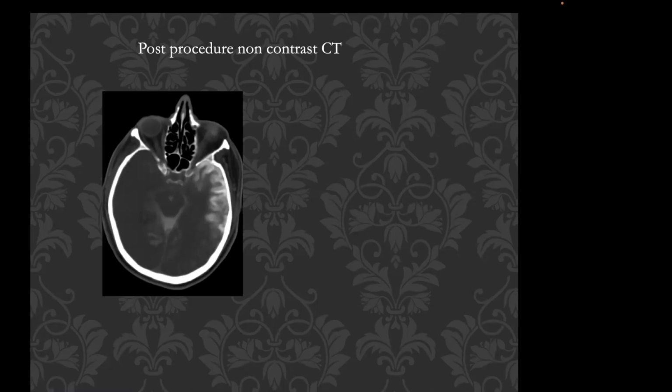And so contrast can actually leak into the cortex and the territory of the infarct. And this is not hemorrhage, this is contrast staining, which can eventually lead to the appearance of subarachnoid hemorrhage, but again, this is contrast in the subarachnoid space, which is occasionally seen.